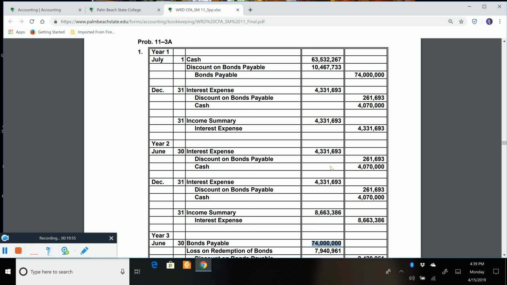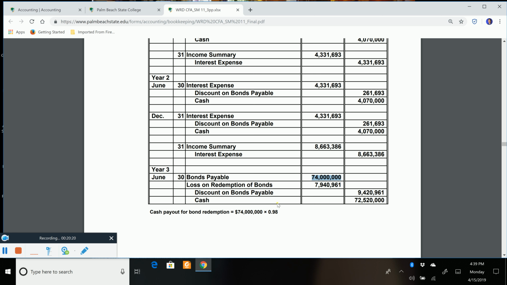I will subtract out $261,693 amortization on December 31st, minus $261,693 amortization in June 30th, year 2, minus $261,693 amortization on December 31st, year 2, and then, of course, $261,693 on June 30th amortization, which is actually not shown here.